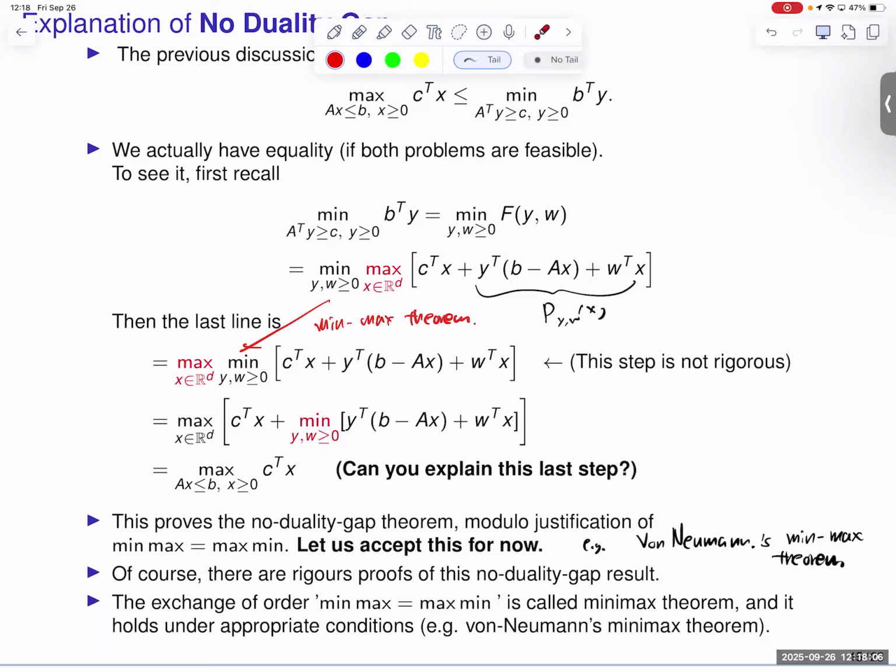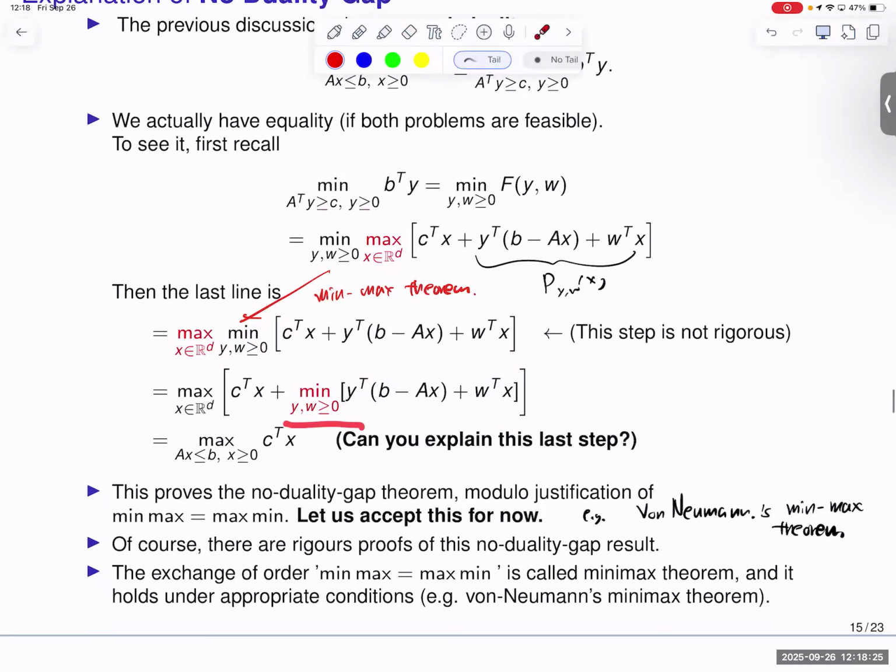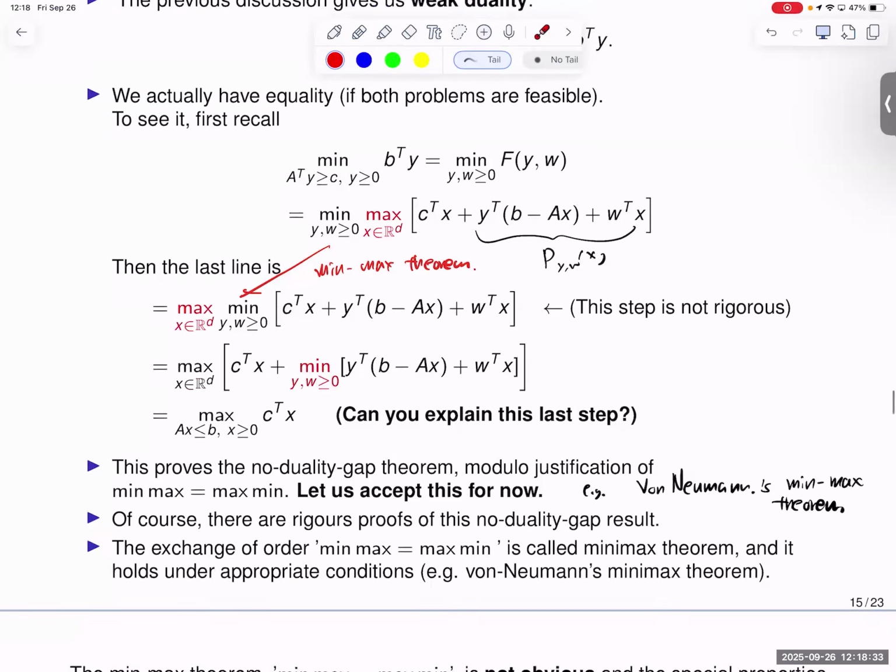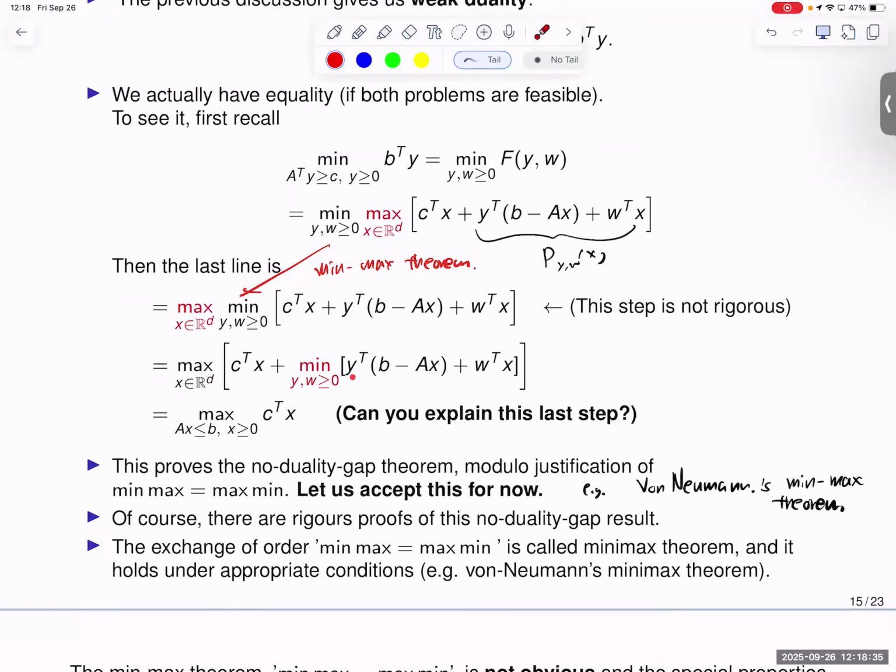Once you do it, let's now see this. You want to minimize over y and w. Then this minimization applies only here and there. Now, that is this step. So if you consider the minimization of this, what happens? Suppose this is violated.